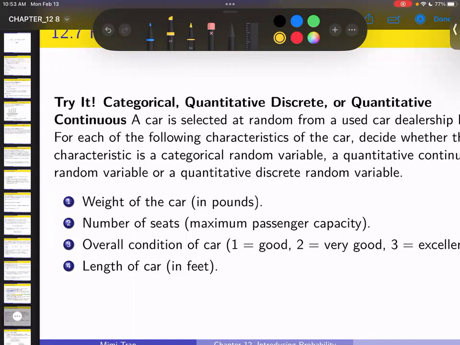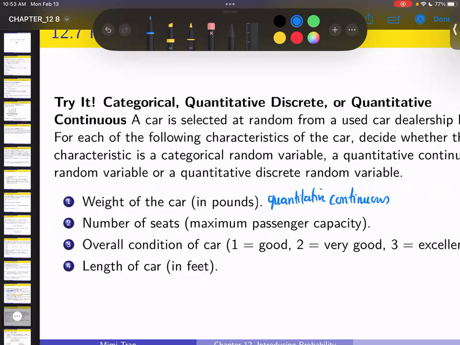Discrete or continuous? Continuous, right? I just said earlier. Continuous. I would have said quantitative continuous. Even if you say continuous, I still give you full points, because the only variable that can be continuous is quantitative.